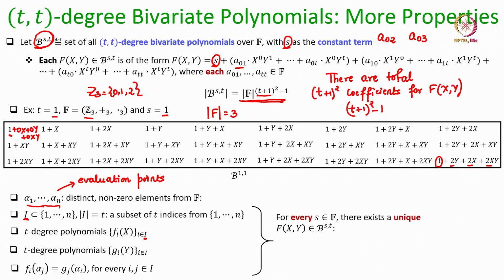If these three conditions are satisfied, namely you are given t number of x univariate polynomials, t number of y univariate polynomials, the only condition is that they should correspond to the same indices within the index set I and they should be pairwise consistent.